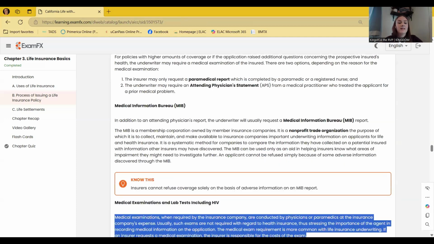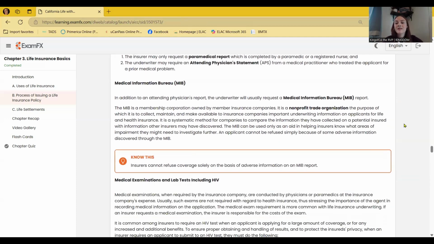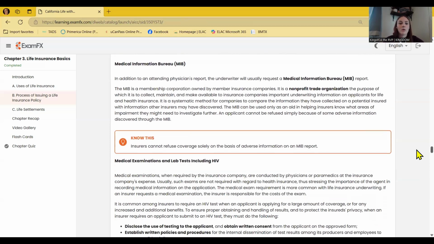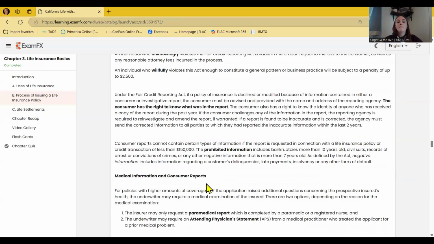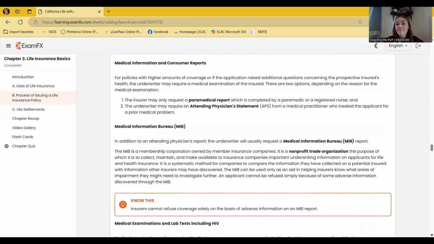Okay. So the next area that could be used is going to be the medical report. Medical information. Let's just say that they did request that we get blood work done or a physician's workup, a physical. They are able to go to those reports and see how our health is.